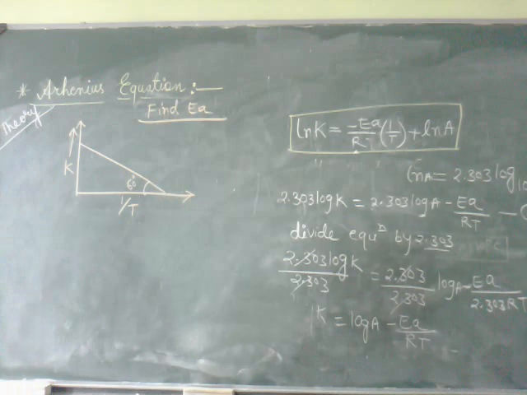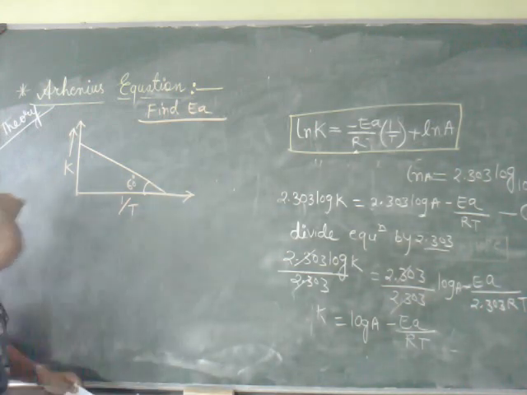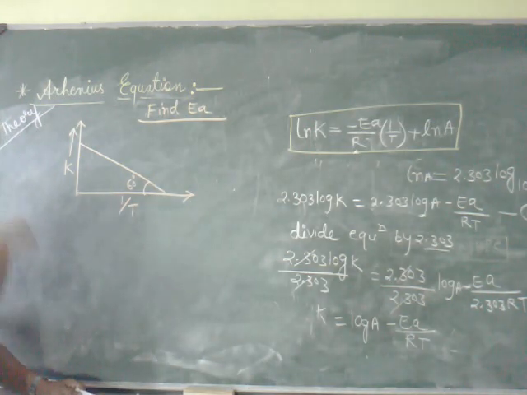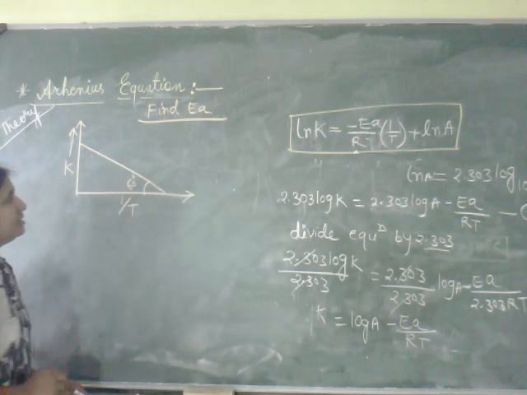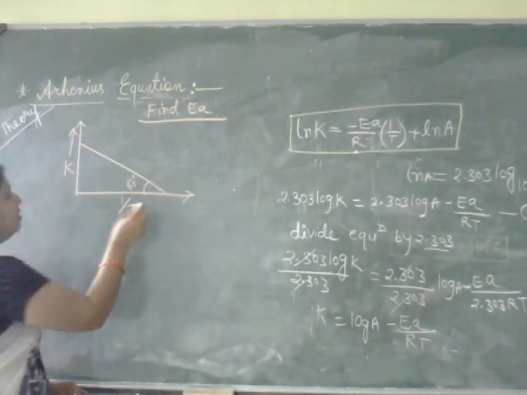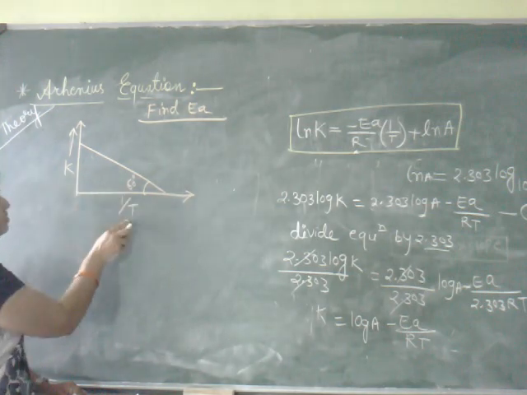How can we find the EA value? They have given these values. What formula can we use? See here, this is the 60 degree angle they have given. This is log K and this is 1 by T.